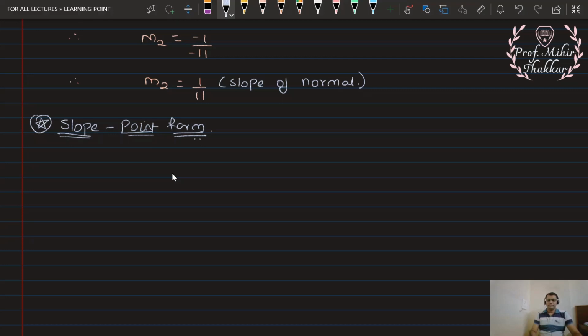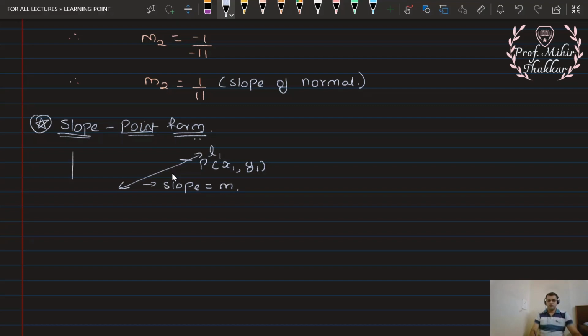Now what does that mean? Suppose I consider that we have a line, let us assume L1, which passes through a point, say P(x1, y1), and the slope of this line is known to be m.